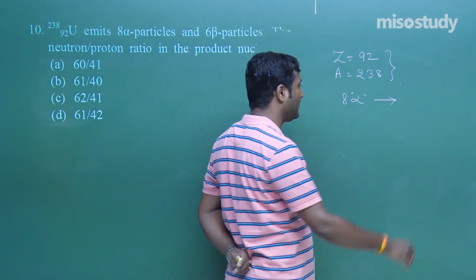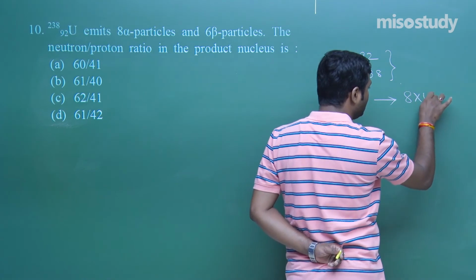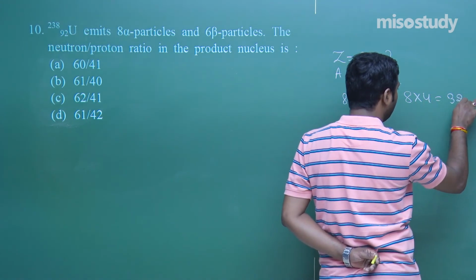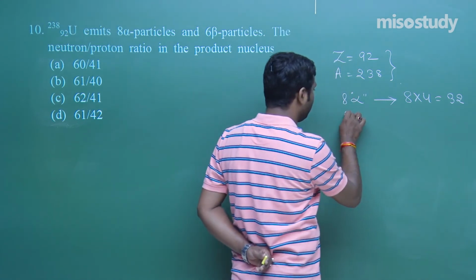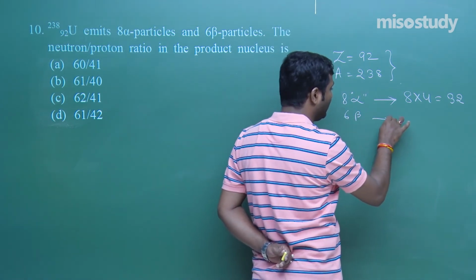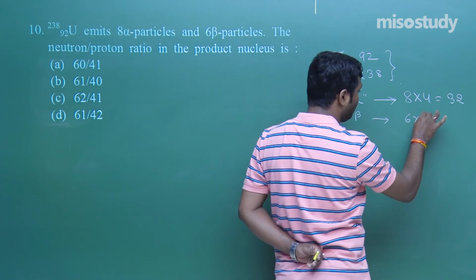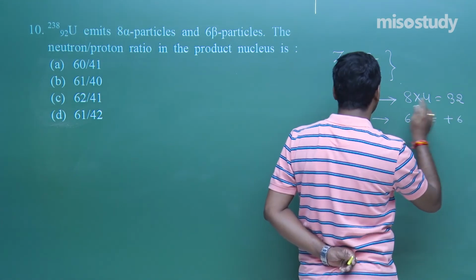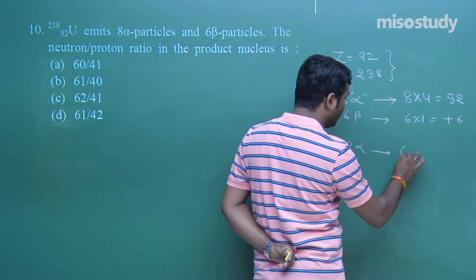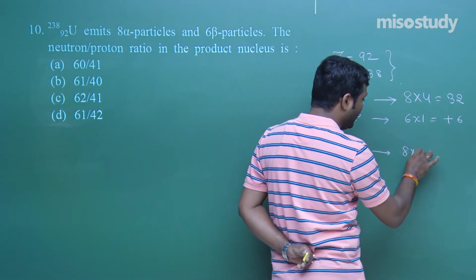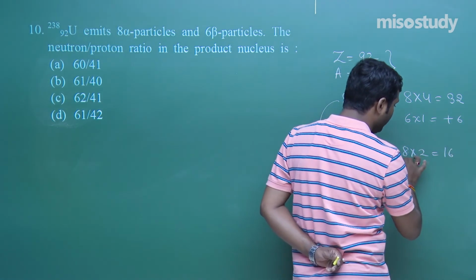The mass number decreases by 4 for each alpha, so 8 into 4, that is 32. And 6 beta particles, what will happen? The atomic number increases by 6. Definitely, if 8 alpha particles, then the atomic number decreases by 8 into 2, that is 16.